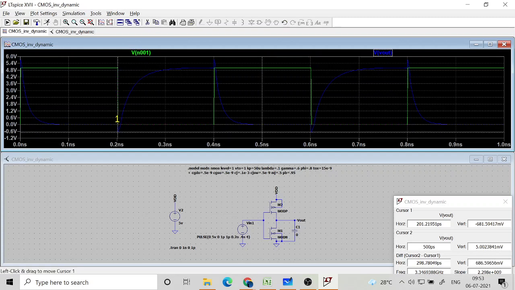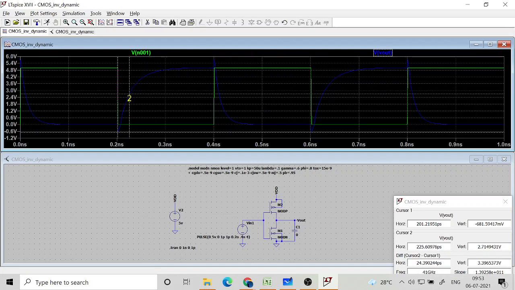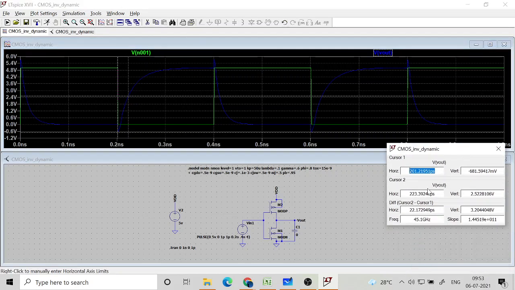Now let me look at the rise time. I keep it at the instant at which it is rising, and we will look till the 50% point. Now from 0.2 to some higher value, the cursor 2, it is 223.